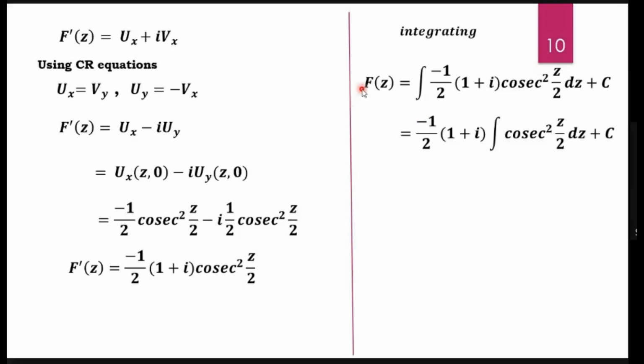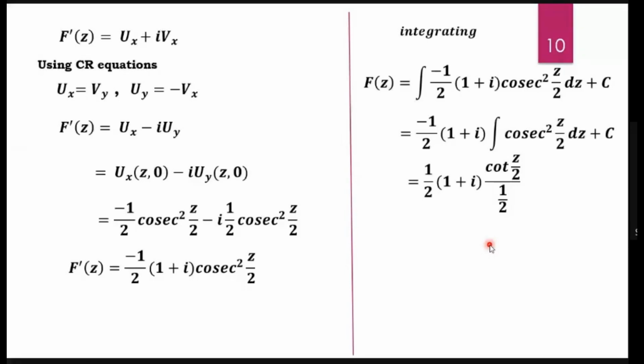See, whenever I am integrating f of z, I am taking it as capital C. Okay. तो अभी cosec स्क्वायर का इंटीग्रेशन है माइनस कॉट z बाई 2 अपॉन हाफ भी आ जाएगा बिकॉज z बाई 2 का जो कोएफिशिएंट है. तो I will get minus half 1 plus I minus cosec स्क्वायर का कॉट z बाई 2 अपॉन 1 बाई 2.